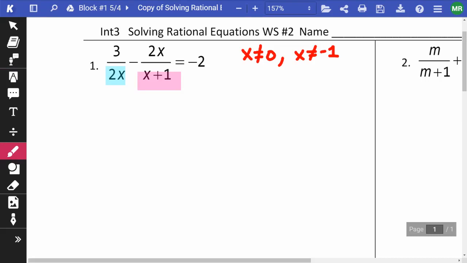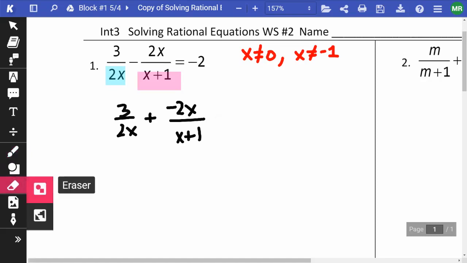So now I'm going to take everything and multiply it by a 2x and an x plus 1. So I'm going to take 3 over 2x, and let me just rewrite this as plus a negative 2x over x plus 1, okay, equals, and I'm going to give myself some space here to do my multiplication.